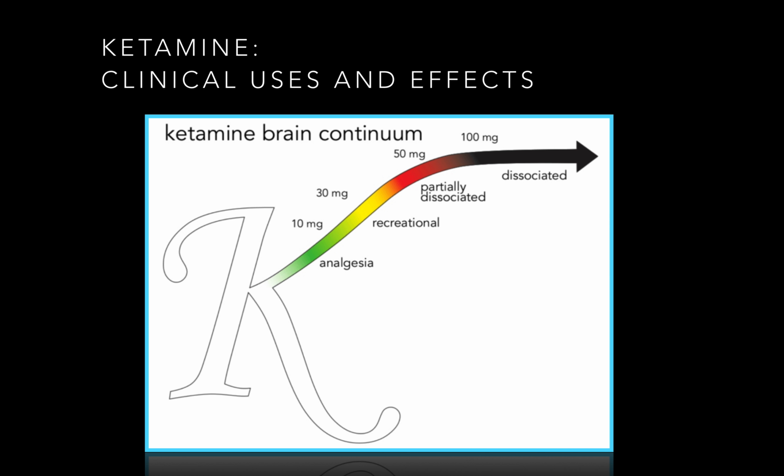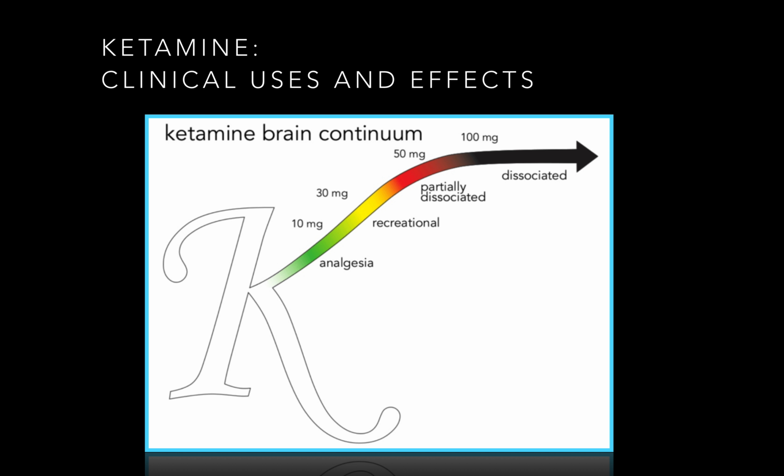Let's talk a little bit about ketamine before we get into some of the adverse stuff, because ketamine is so unique and it has so many uses. This slide here, the ketamine brain continuum slide, kind of represents how, as you move up in the dosing, the dose response curve is quite unique in that at different doses you have vastly different clinical effects.